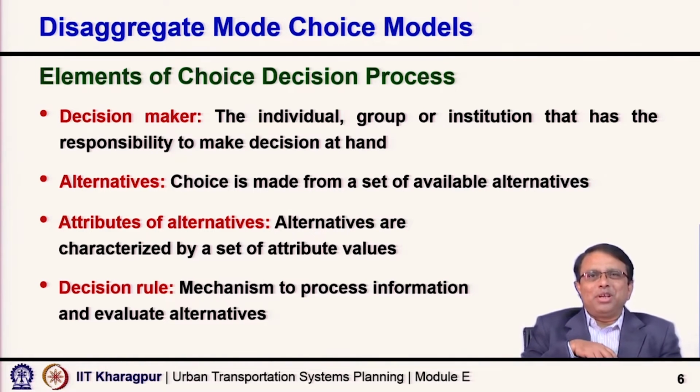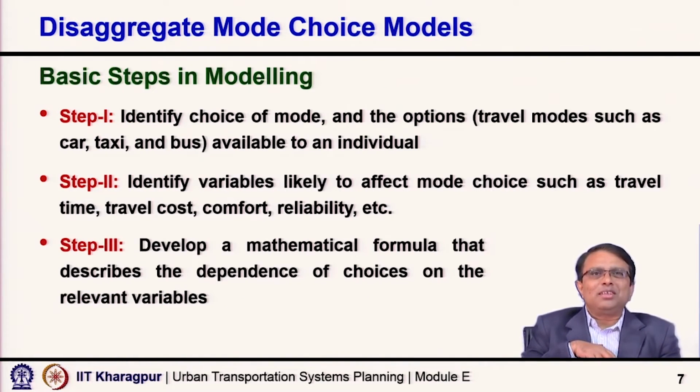Okay. So, now with this, let us try to see what the basic steps for modeling are, because we want to develop models. The basic steps you can consider are 3. Step 1, identify the choice of mode in a mode choice context. What mode is selected, that we need to know, and we also need to know the options available to an individual.